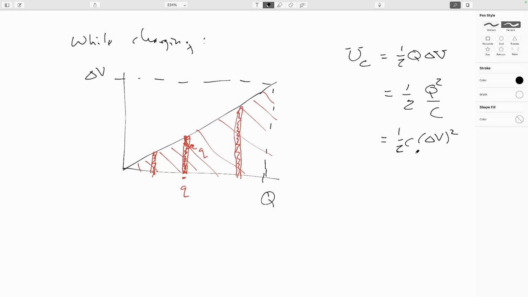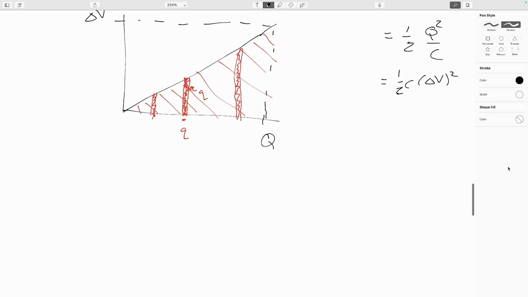One thing that I will introduce, mostly because I don't know where else to put it, is the energy density. This gets written as lowercase u. This will be equal to the energy stored in the capacitor over its volume.